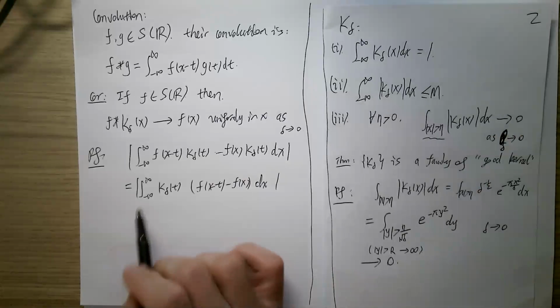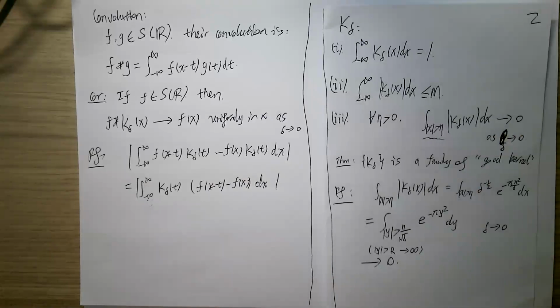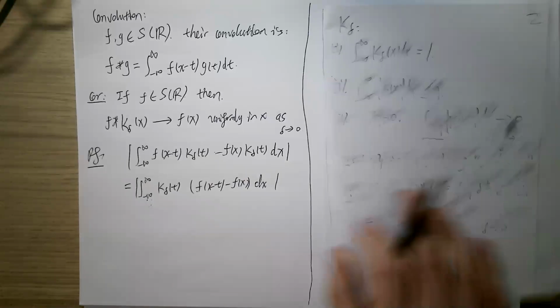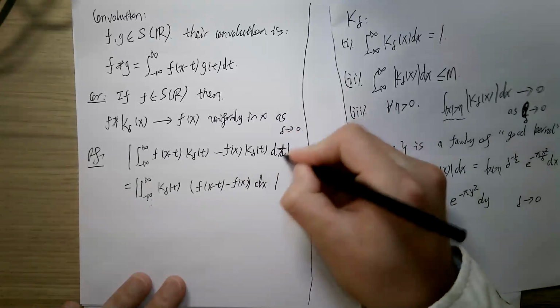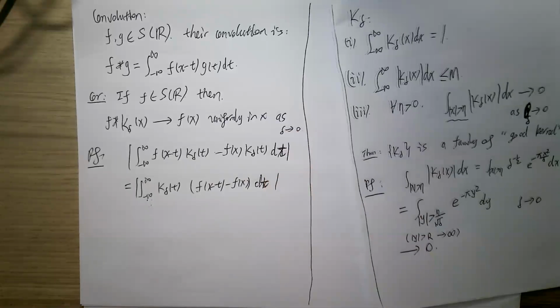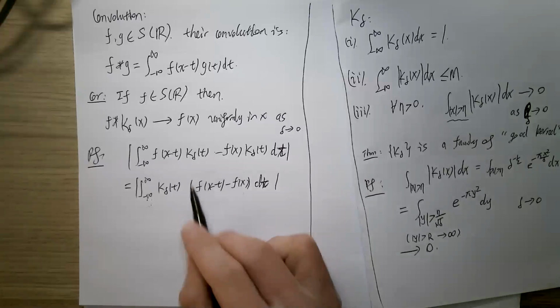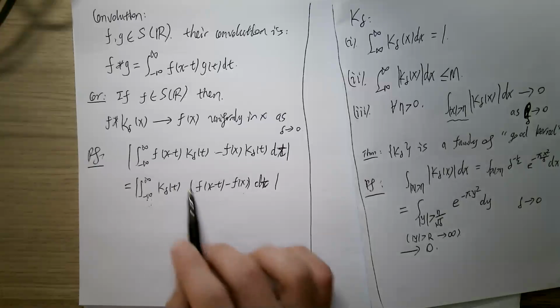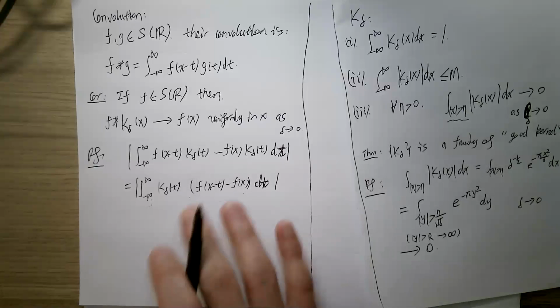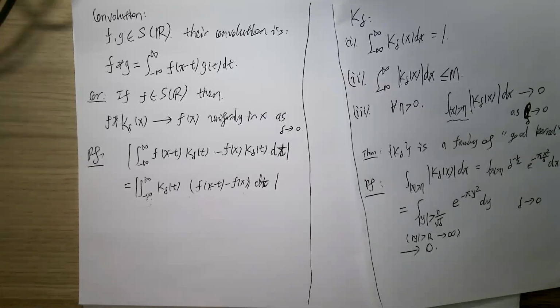Then we split this whole real line. If t is very small, then we know that this function is bounded above, whatever it is, just some bounded function.